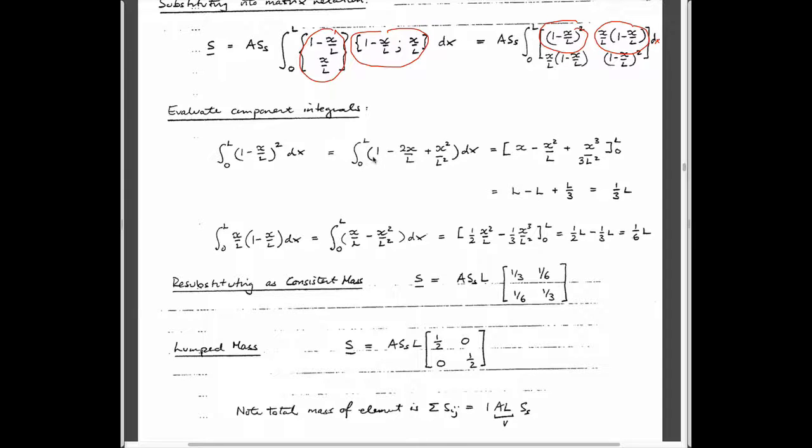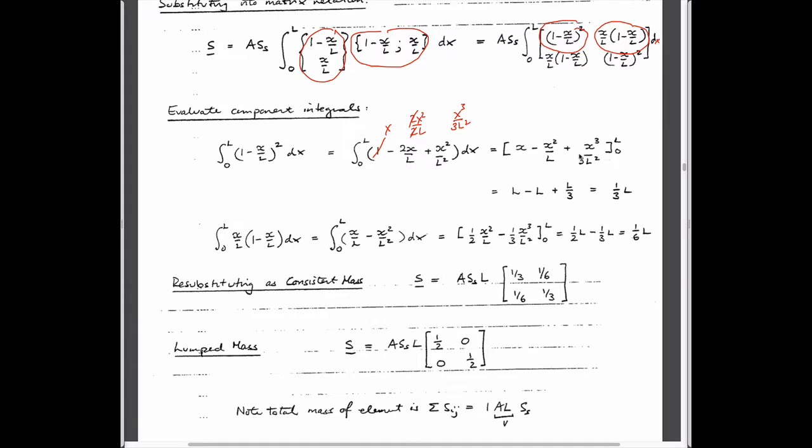So you integrate the 1 goes to x. 2x over L must go to x squared over 2L. And we lose these. This must go to x cubed over 3L squared. And if we substitute in the limits for these, they're going to be pretty easy to get.